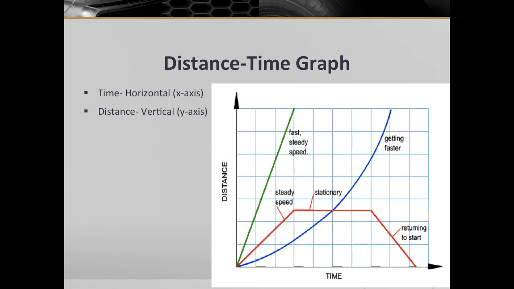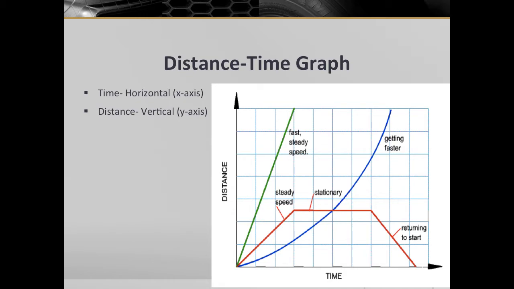Each one of these lines, depending on the slope of the line, is telling you whether an object is getting faster, if it's got a steady, constant speed, if it's slowing down, or if it's stopped. The green line has a steeper slope, so that means it's getting faster over a smaller time period and it's covering more distance.